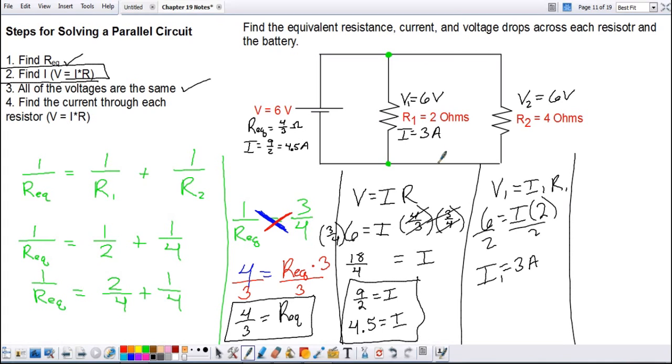And then we've got the last one. So our voltage is again 6 volts. Our current is what we're trying to find, current 2. And then we need resistance 2, which is 4 ohms, so 6 divided by 4. That reduces to 3/2 amps. Or if we want to write it as a decimal, this would be 1.5 amps.